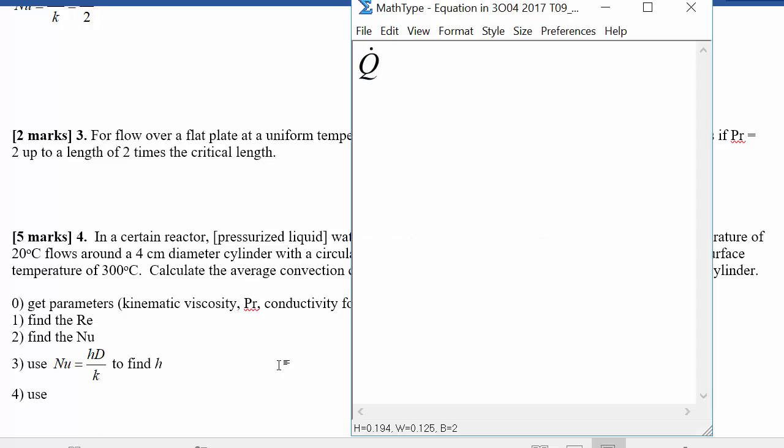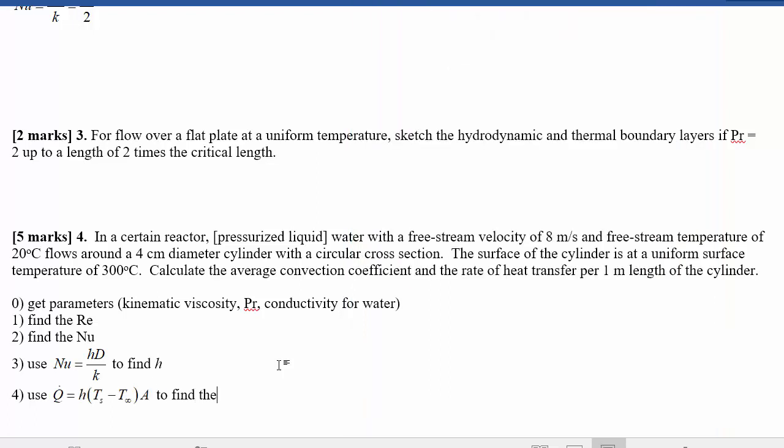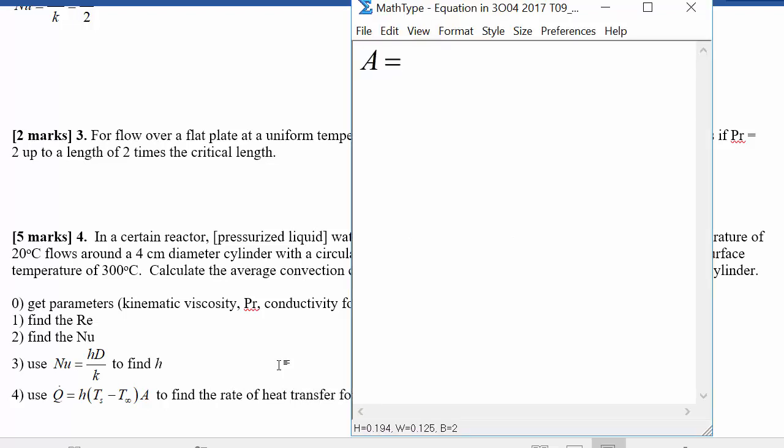Use Q dot is equal to h times (Ts minus T infinity) times the area to find the rate of heat transfer, where the area is equal to pi times diameter times the length, 1 meter.